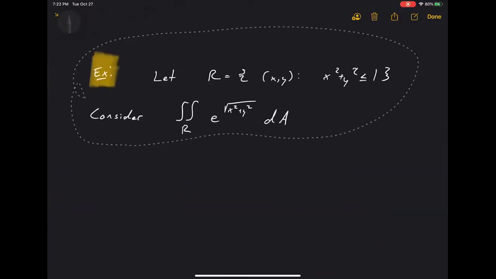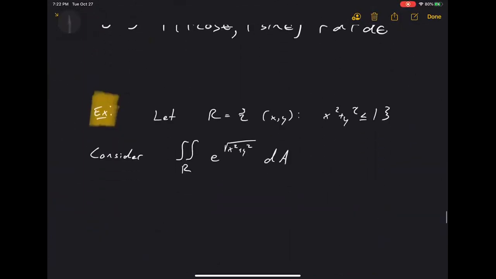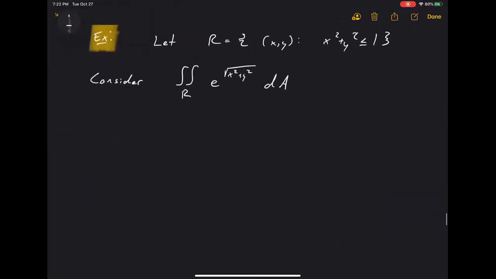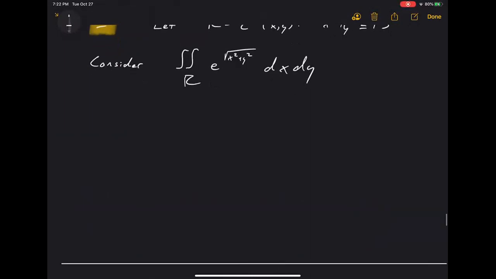All right, so we're ready for this now. I have this integral, and we could replace dA with dx dy. I'm trying to convert this integral in Cartesian coordinates to an integral in polar coordinates.